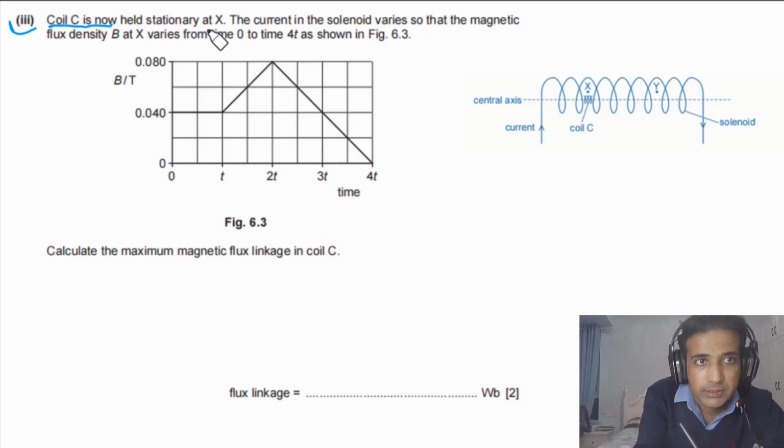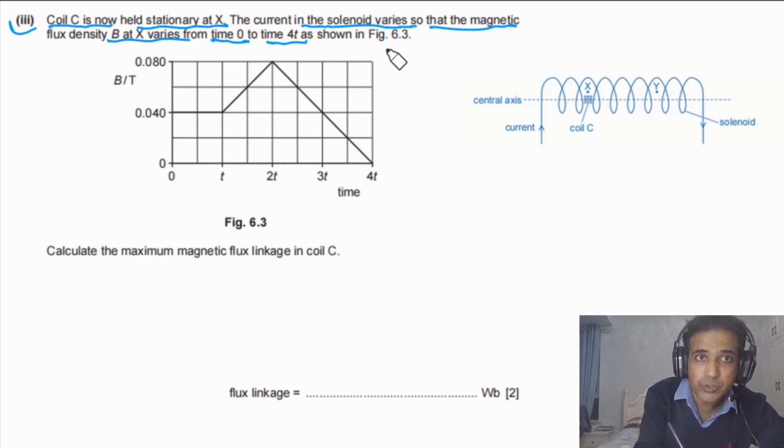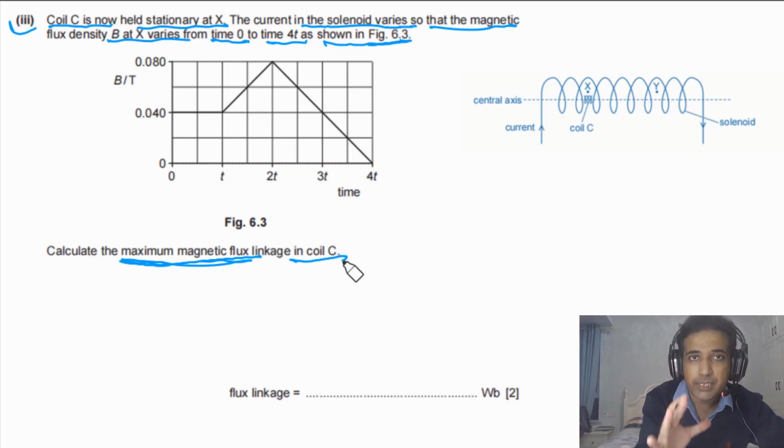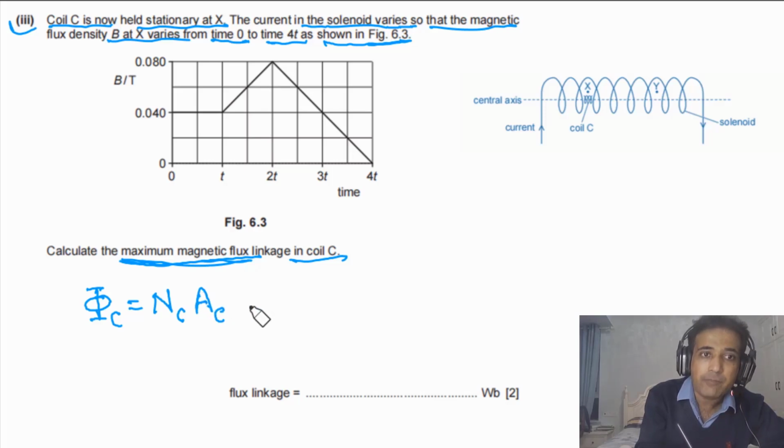Third part says coil C is now held stationary at X. The current in the solenoid varies so that the magnetic flux density B at X varies from time t equal to 0 to time t equal to 40, as shown in figure 6.3. Calculate the maximum magnetic flux linkage in coil C. We have already discussed that magnetic flux linkage through coil C is equal to number of turns of coil C, cross-sectional area of coil C, and value of B, magnetic flux density.